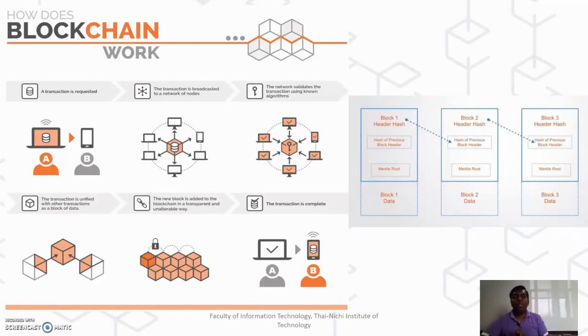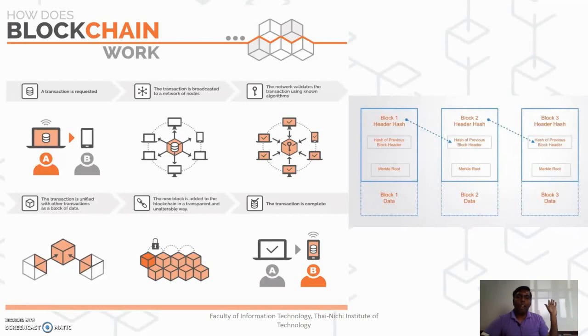This system is more transparent and less tamperable, and it cannot be hacked as easily as traditional databases, and then the transaction is complete. This is the principle of how a blockchain works.